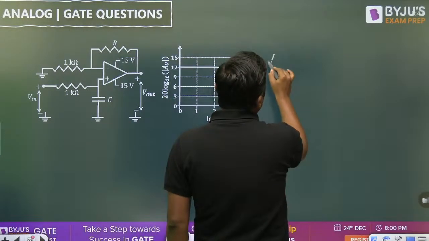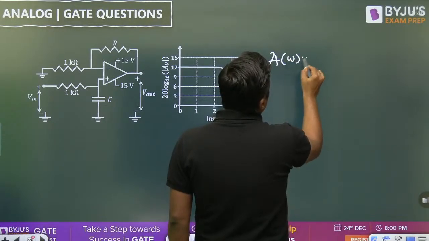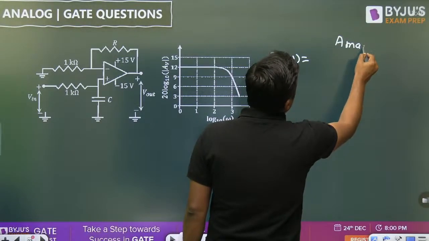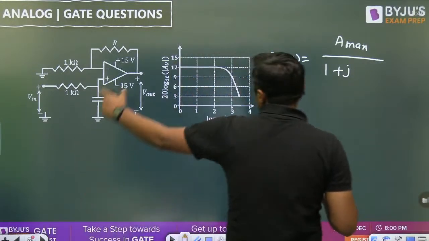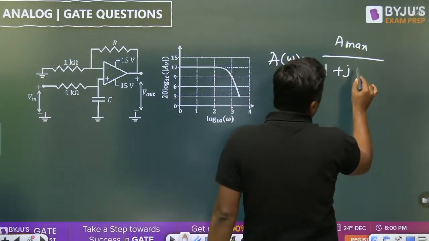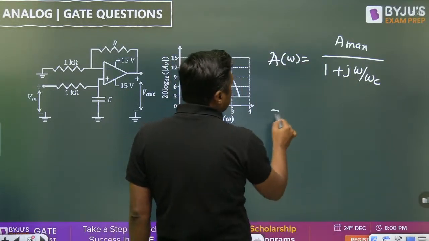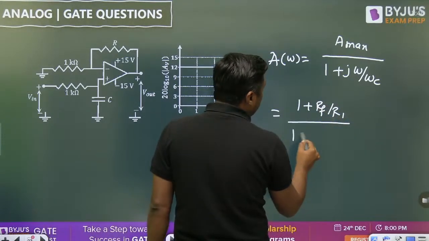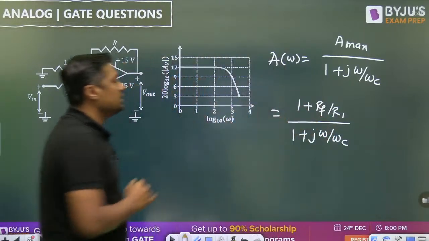The gain as a function of omega is the maximum gain, because it is a low pass filter, divided by 1 plus j omega by omega c, where omega c is the cutoff frequency. And the maximum gain is 1 plus RF by R1.